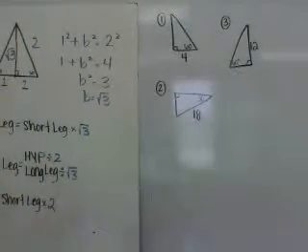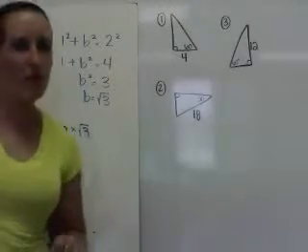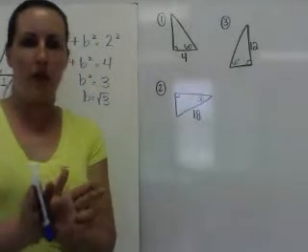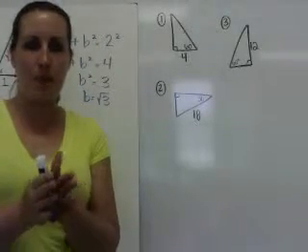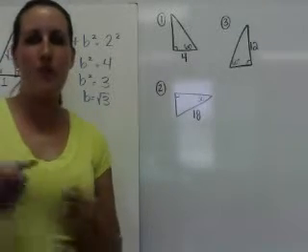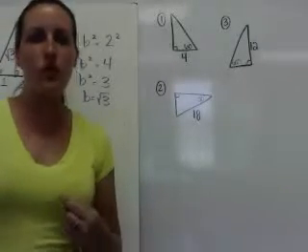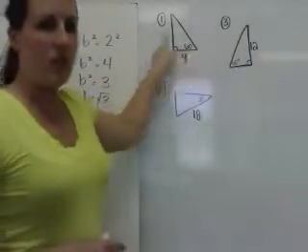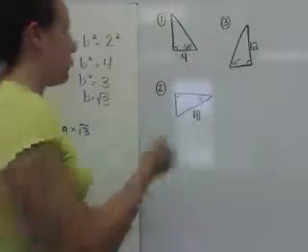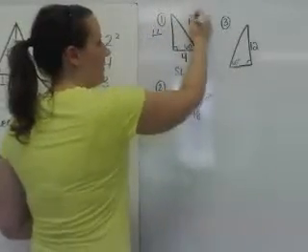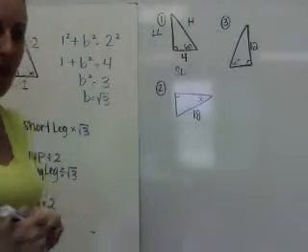All right, so here are some examples. Now, most of these are probably going to be drawn to scale, but if you remember the hinge theorem about opening the door wider or keeping it closed a little bit smaller, wherever your 60-degree angle is, whatever side is opposite is always your longer leg. So they gave me that this is 60, so I know that this is my long leg, this is my short leg, and there's my hypotenuse.